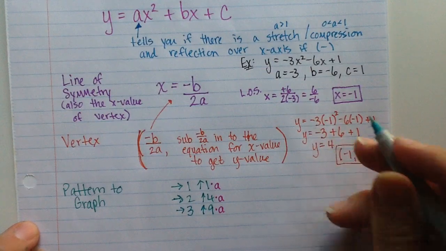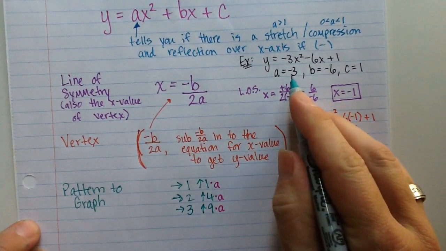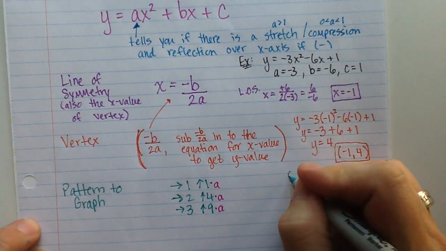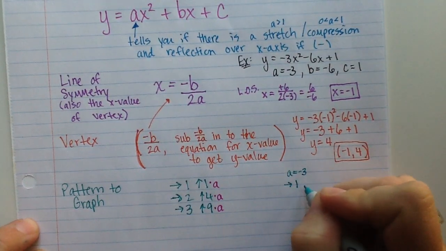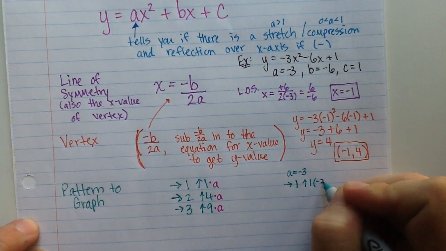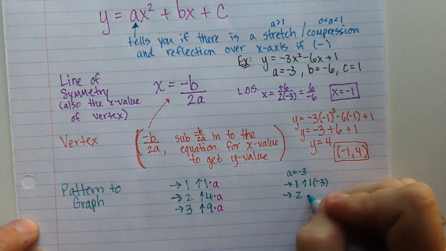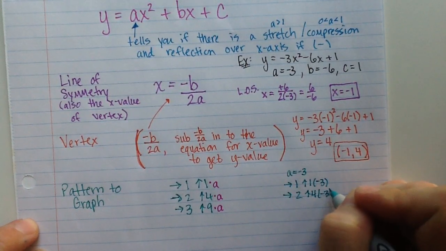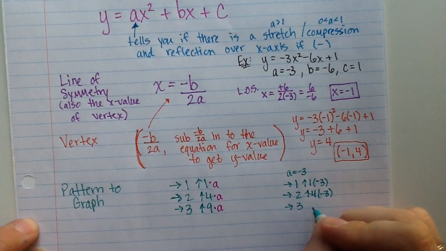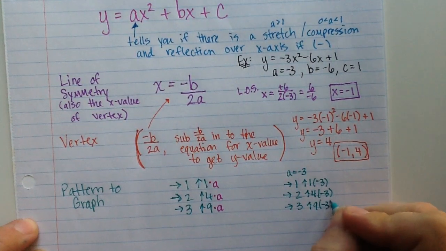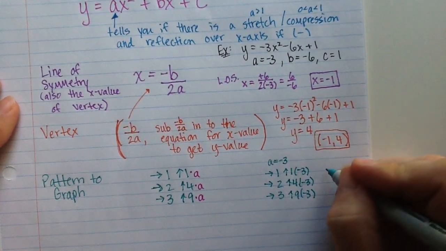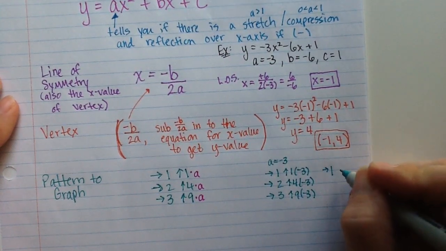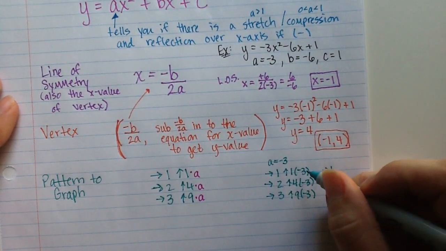So on our graph, the value of A was -3. So for my pattern, I'll go over 1, up 1, times -3, over 2, up 4, times -3, over 3, up 9, times -3. So my pattern is actually going to be that I will go over 1, and then I don't really go up by -3.